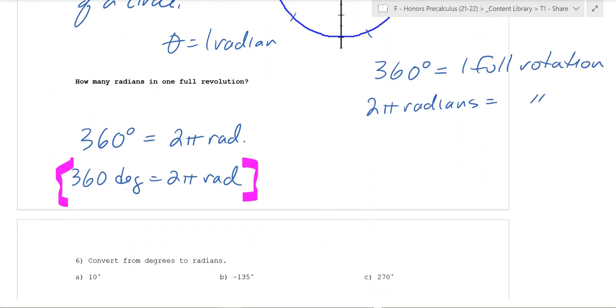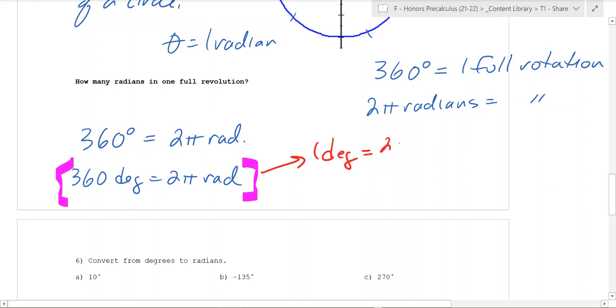What does that mean? Well, first it means that if you divide both sides by 360, you get 1 degree is equal to 2 pi radians over 360. All I did was divide both sides by 360. So what that means is 1 degree is equal to pi over 180. That's simplifying radians.